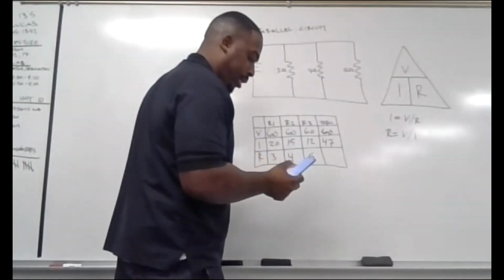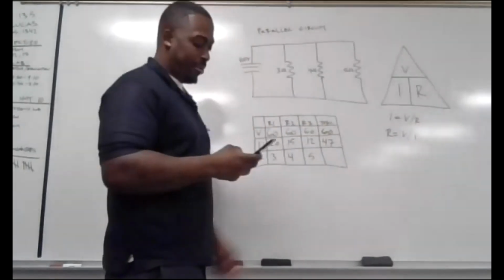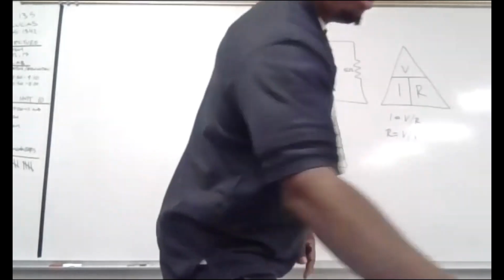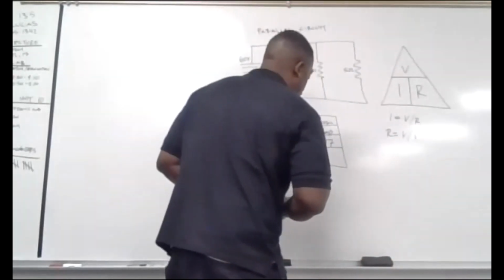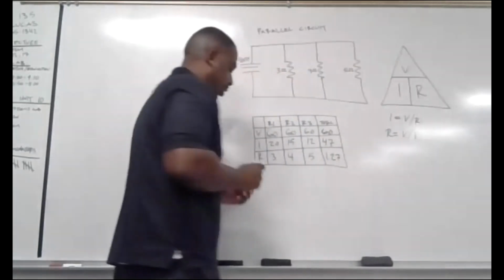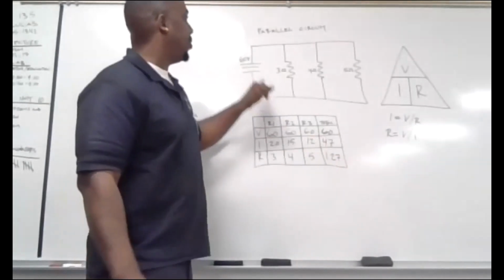My bad. So me not being a mathematical genius, I'm not going to do this in my head. So 60 divided by 47 is what? 1.27. 1.27 is our total resistance for this entire circuit.